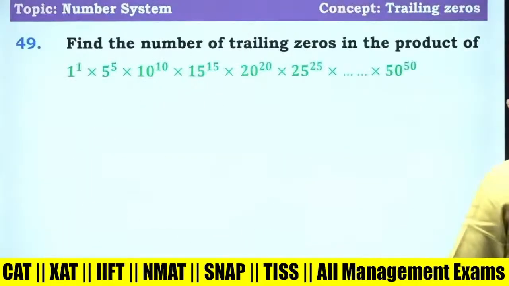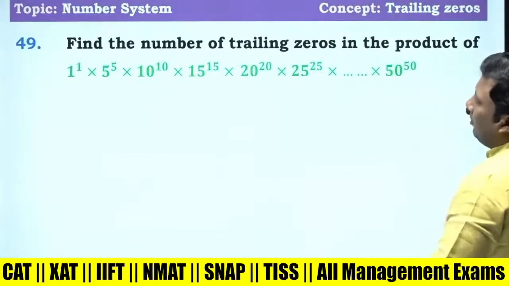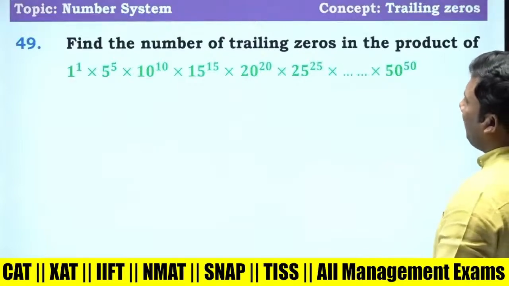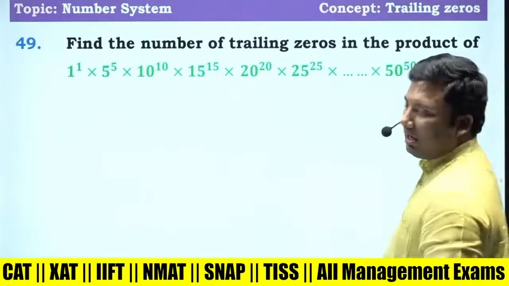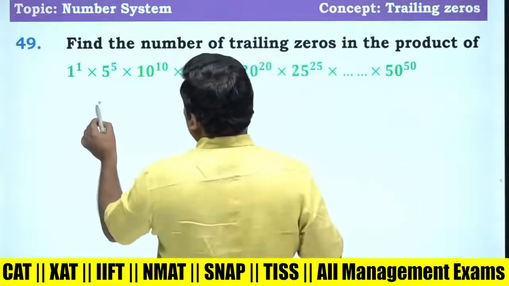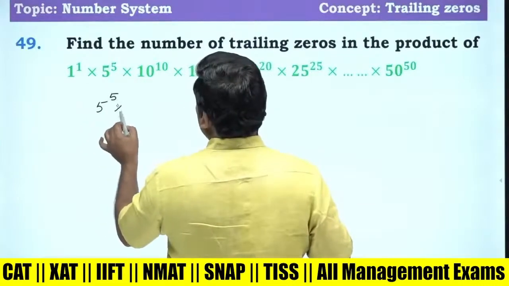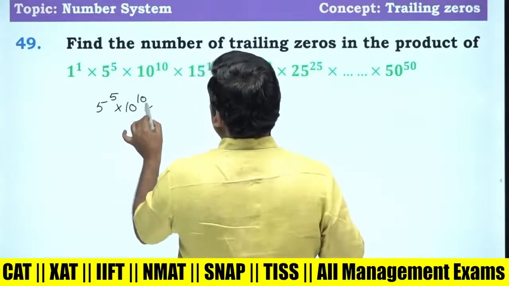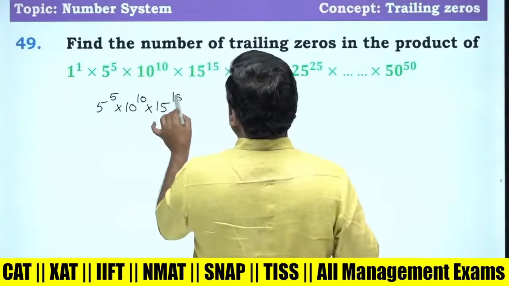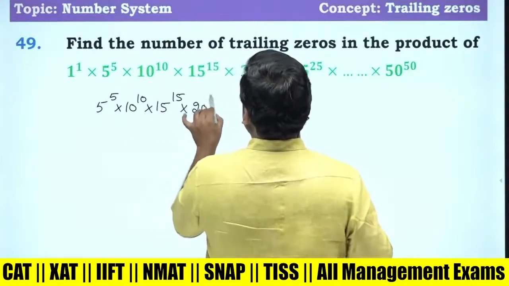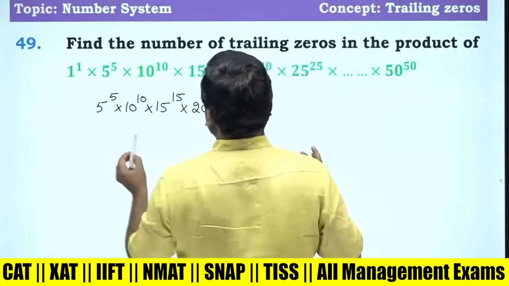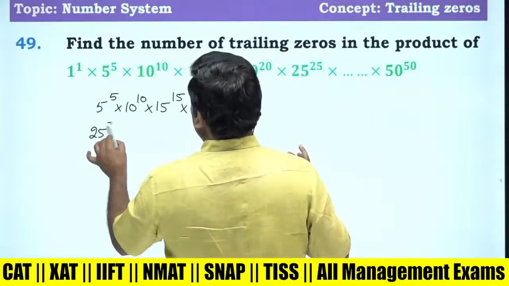Next one. Another one. We have to do it very, very slowly. Find the number of trailing zeros. Same thing we will do. 5 power 5 into 10 power 10 into 15 power 15 into 20 power 20. I will write it like this. 25 power 25.